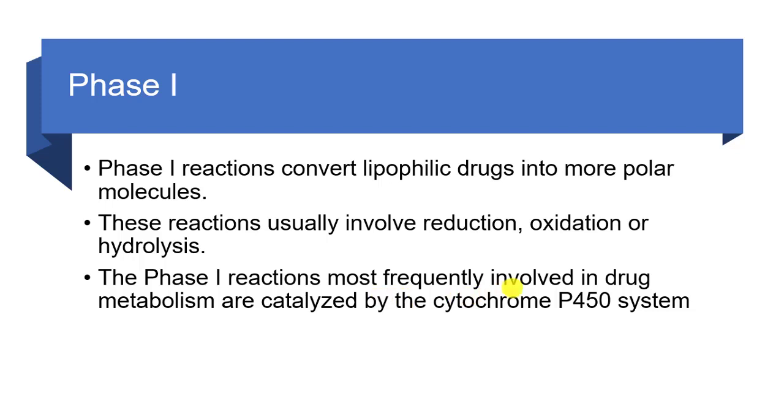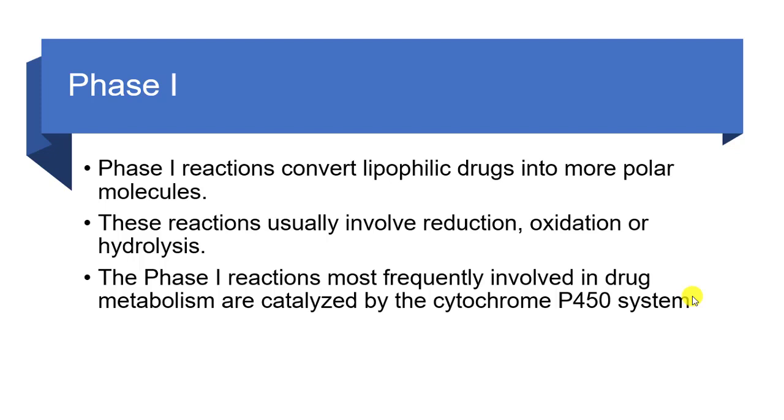This is the cytochrome P450 system, which is essentially a microsomal mixed function oxidase system, also called the cytochrome P450 system, which is present within the liver, and it is responsible for the metabolism of many endogenous compounds and also for the biotransformation of exogenous compounds, essentially the drugs which we are talking about today.